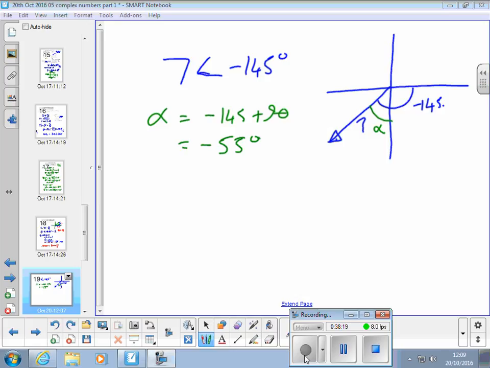So then how do we find what we're looking for? It's the horizontal component x and the vertical component y. Which one is 7 sine 50?